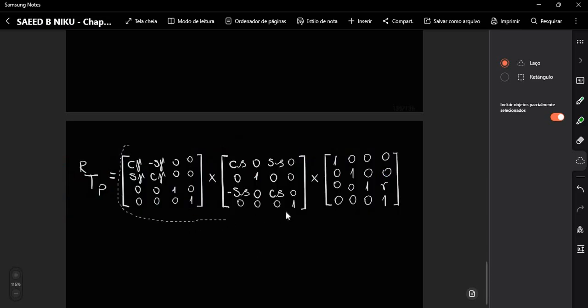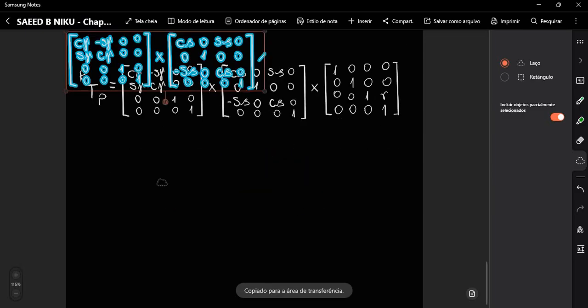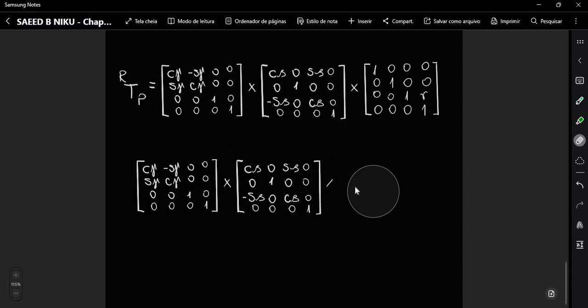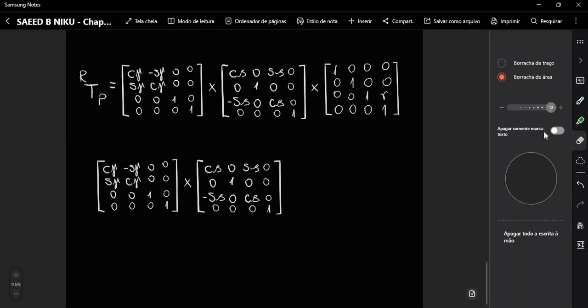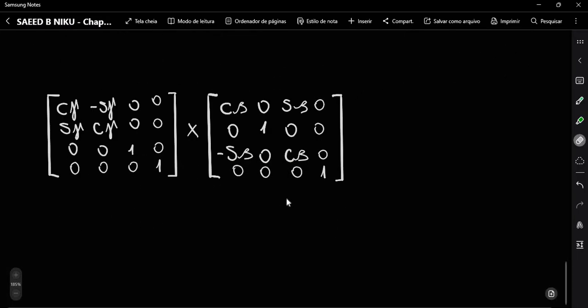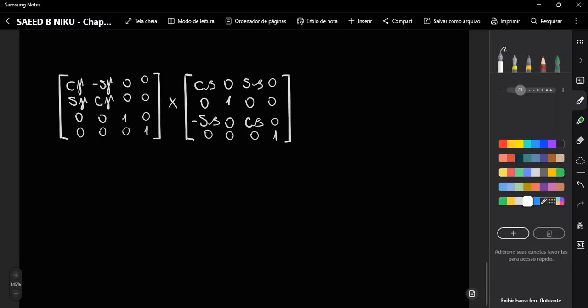So this first one, okay, so is a line multiplied by each column.